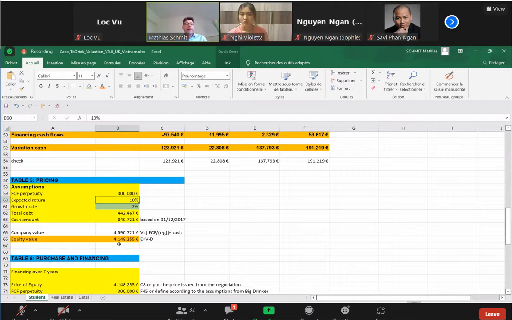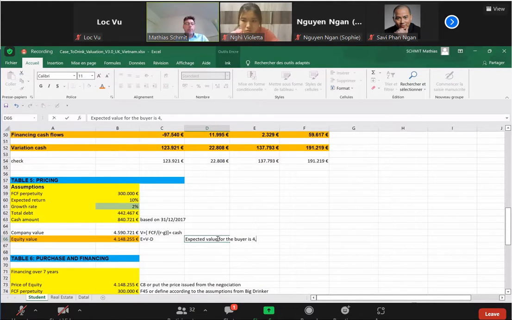And so this is, in fact, the expected price, the expected value for the buyer is 4.1 million, because he thinks he can improve the free cash flow.